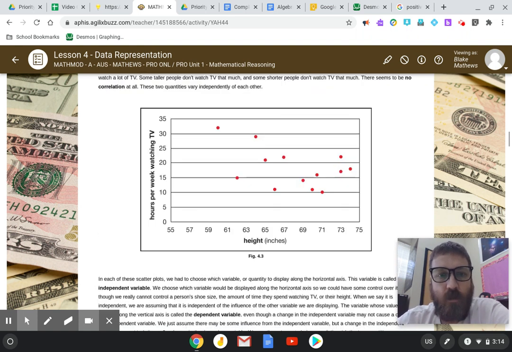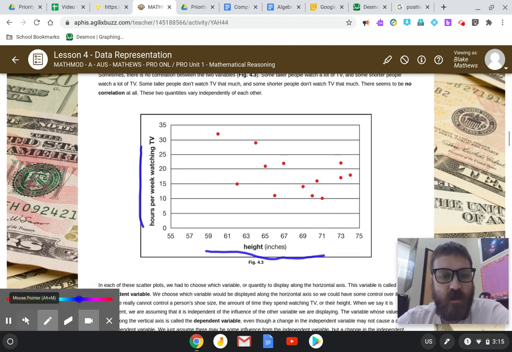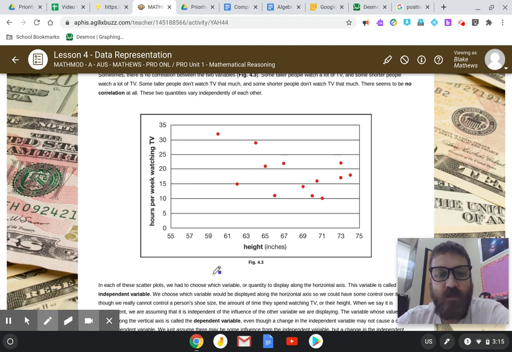So in general, when we do this, we have a term for the thing on the horizontal axis and on the vertical axis. This axis down here, in this case height, is what we call the independent variable, and the thing along the y-axis, the vertical axis, is what we call the dependent variable.